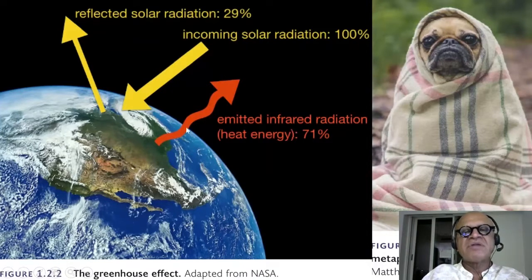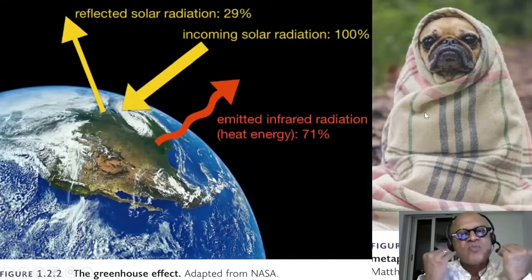The remaining 70% or so is moved around. It goes into evaporating the water, heating the land, melting ice, and so on, and has to go back out as infrared radiation for energy balance. Greenhouse warming is essentially like putting on a blanket where you trap your own body heat.